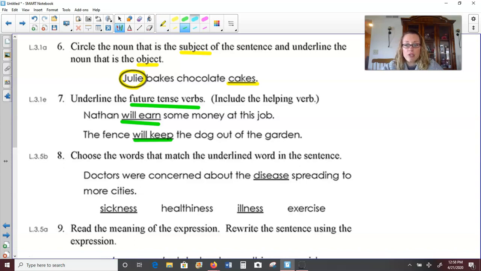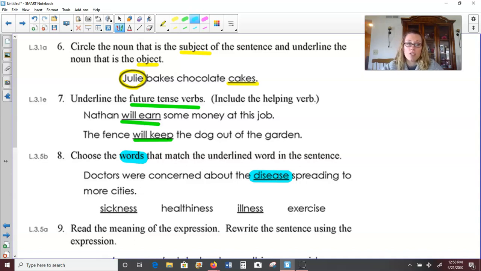On number 8, choose the words that match the underlined word. Now I've noticed some of us are not choosing all of the words on these sentences. We need to look at this carefully. It says choose the words, so there is more than one answer. Doctors were concerned about the disease spreading to more cities.